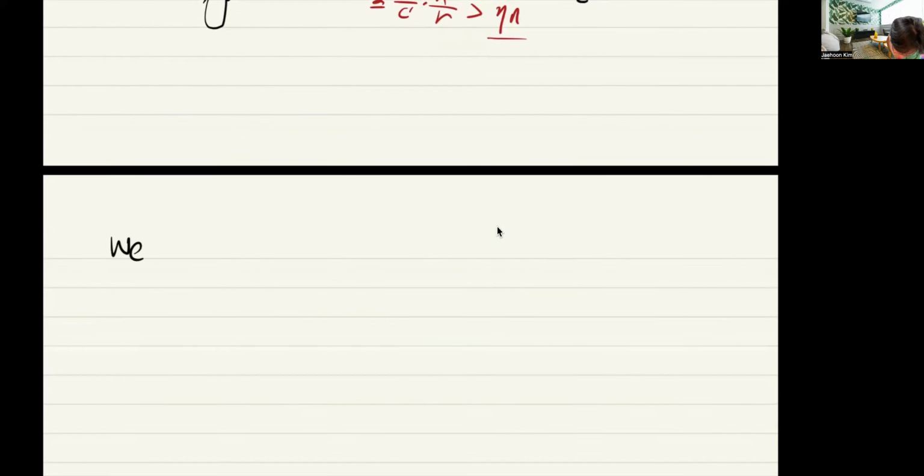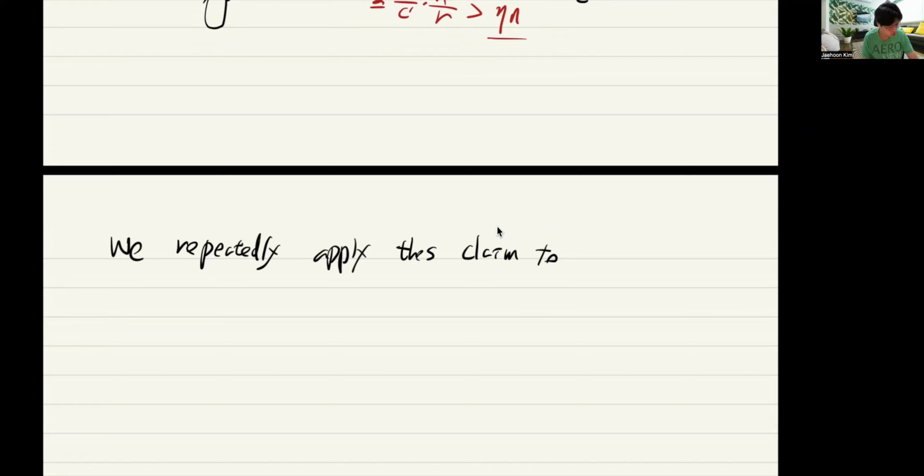So what do you do? We repeatedly apply this claim to the graph G prime between the V2 and V3.